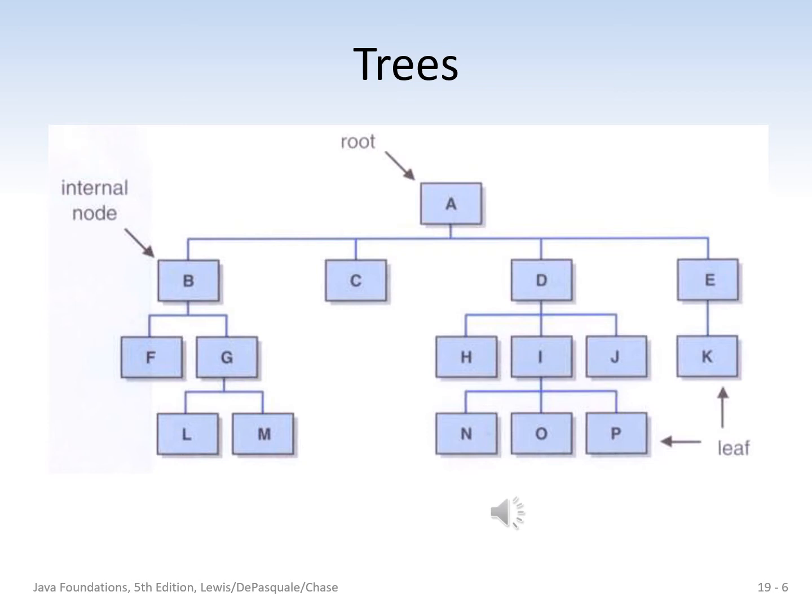Obviously, A is the root. B is an internal node, which means it has a parent, children, and tree structure beneath it. And then K and P, in this example, are leaves. They do not have any children.